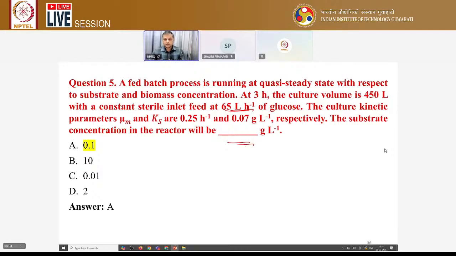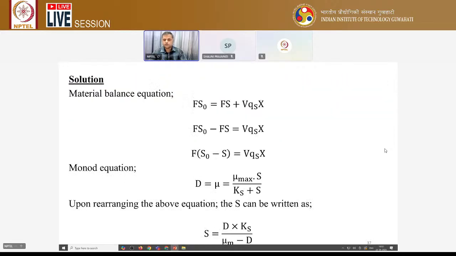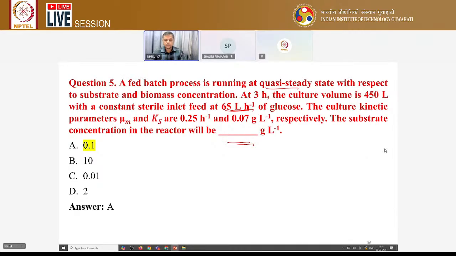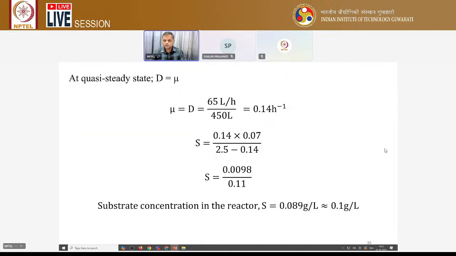Now it says the fed batch is at the quasi-steady state. So in that case, the substrate concentration is given as D into Ks divided by (mu maximum minus D). So all the parameters are given. What will be the D? D will be F upon V. Flow rate is given, so D will be F upon V, 0.14.